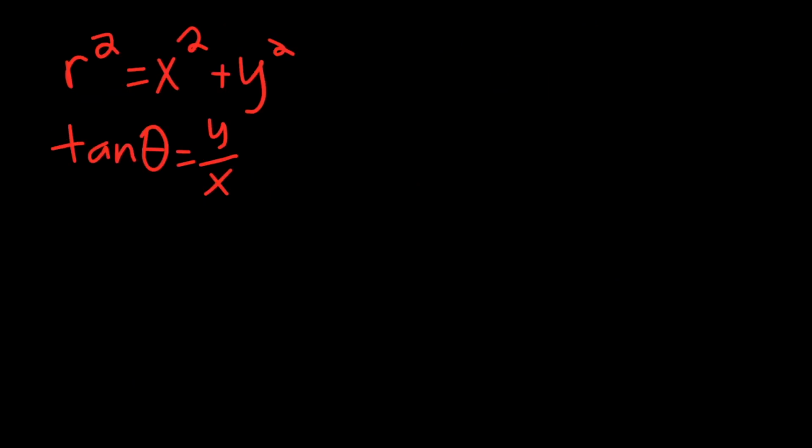If going from rectangular form to polar form, we can use the formulas r squared equals x squared plus y squared and tangent of theta equals y over x.